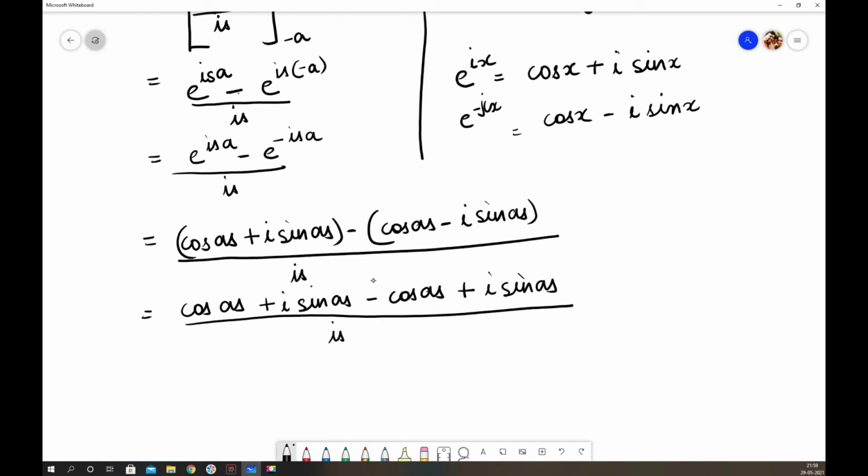So cos sa and minus cos sa get cancelled, and I have i sin sa, which is the same, so I add, and it becomes 2i sin sa by is. This i and i will get cancelled. So what will be my f of s? My f of s will be 2 sin sa by s. Clear?